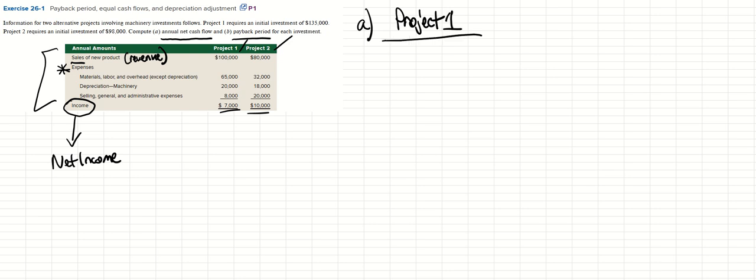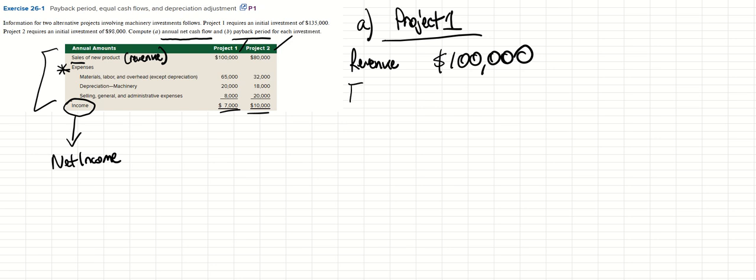We start off with the revenue, which is $100,000. That's going to be included in the computation of annual net cash flow.